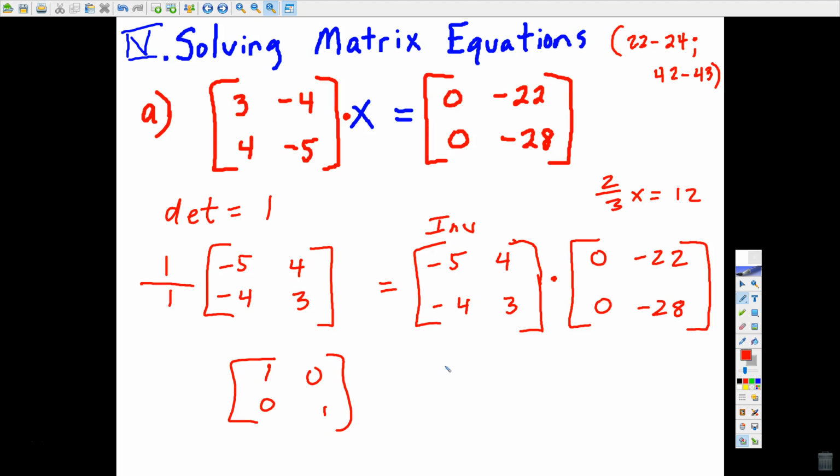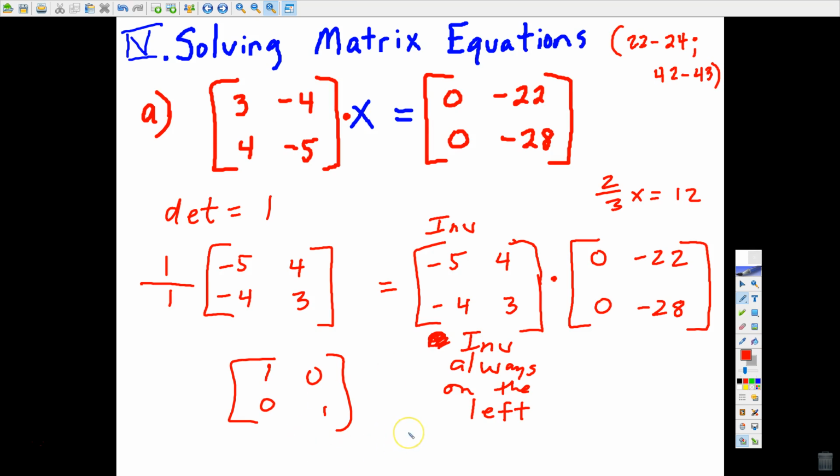Matrix multiplication is not commutative. So I'm going to make a little note, and I suggest you do the same. Inverse always on the left when you're multiplying these together. If you put the inverse on the right, you're going to get the wrong answer.